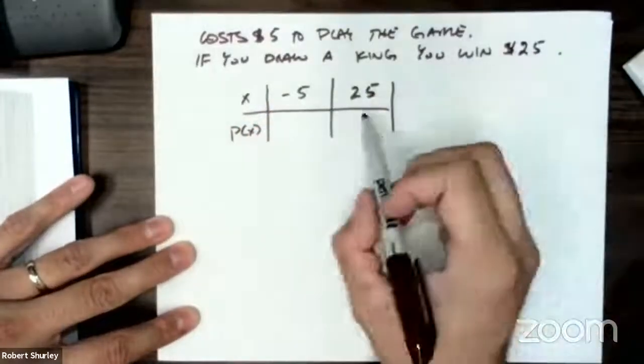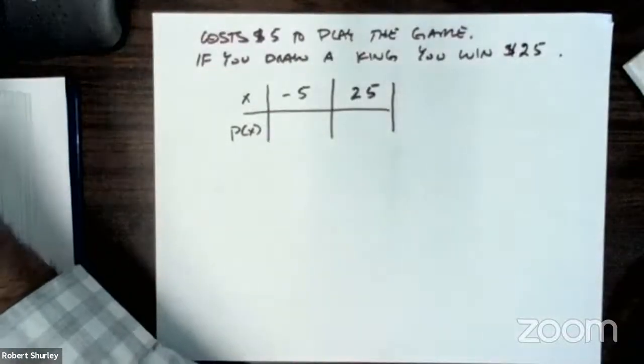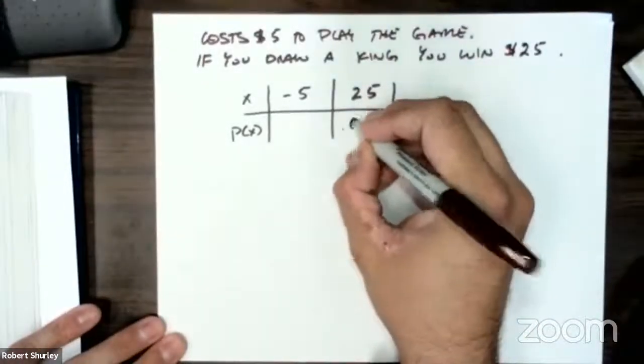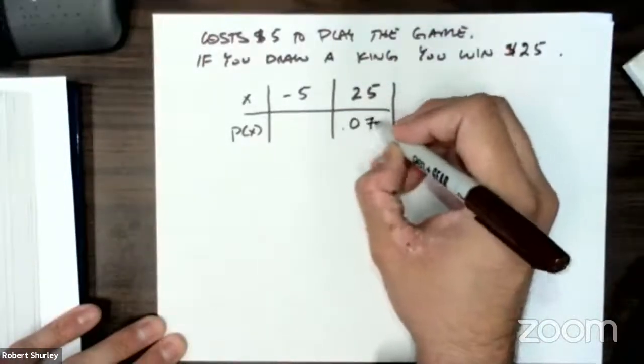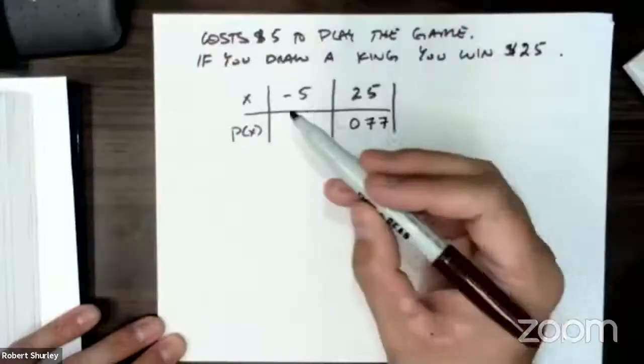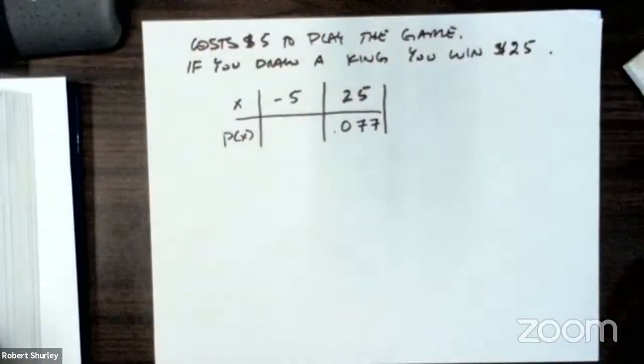To win the 25, there's 4 kings in a deck, right? So 4 out of 52 is 0.07, and I'm going to round it to 7 here, okay? Now we know the only other thing that can happen, you either draw a king or don't draw a king, right? So not drawing a king would be 1 minus that.